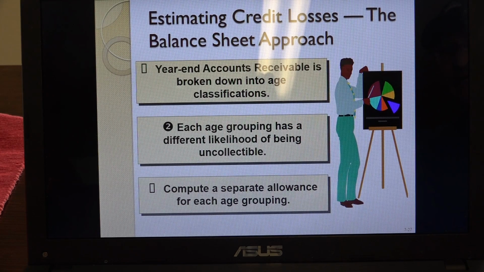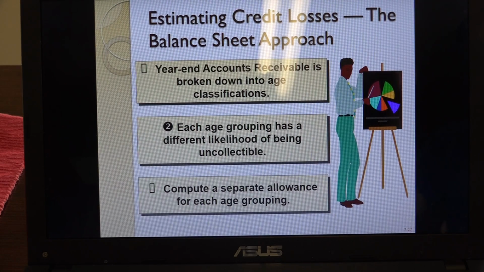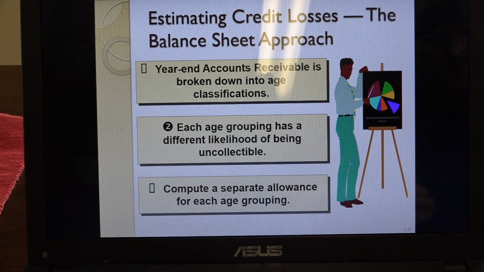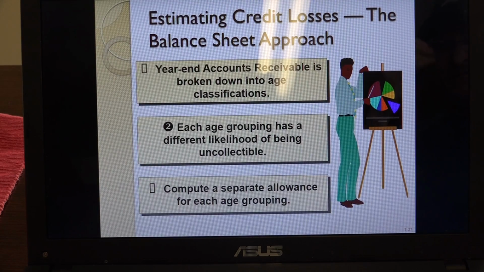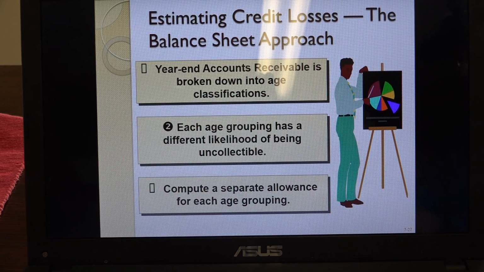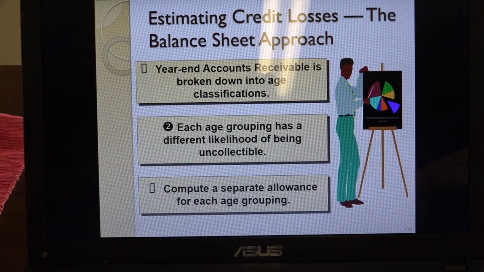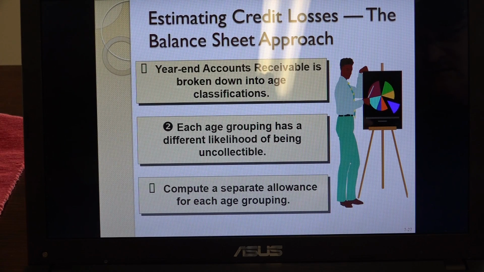You're going to have the amount of accounts receivable that is considered current, and these are credit transactions, right? So let's say terms are net 30 for this company.